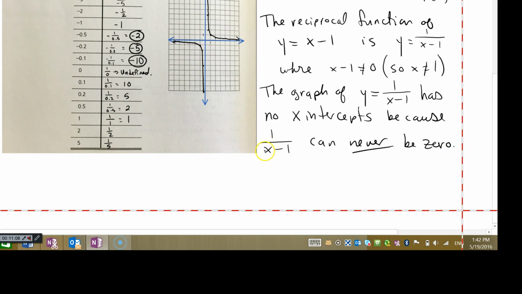Think about it. If I would put in 1 here, 1 minus 1, we get 1 over 0. We can't get that. And what happens if I say a million?